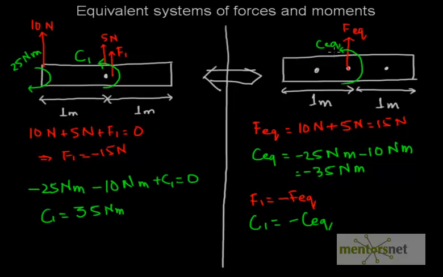As far as mechanics is concerned, these two bars look completely equivalent to each other. So we can intuitively see that the force and the couple required to keep this bar stationary are identical in magnitude to this equivalent force and equivalent couple, and opposite in direction, which is exactly what we have over here.